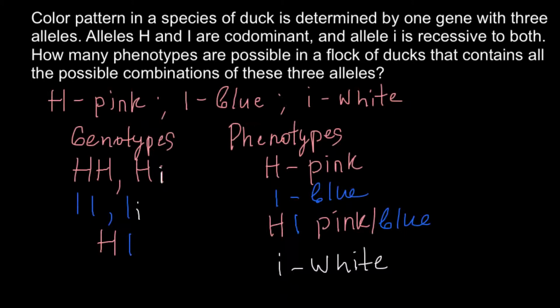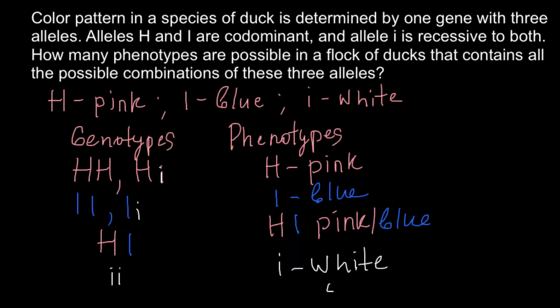And for the last phenotype, that is white, it can be produced by only one genotype, that is small i, small i.